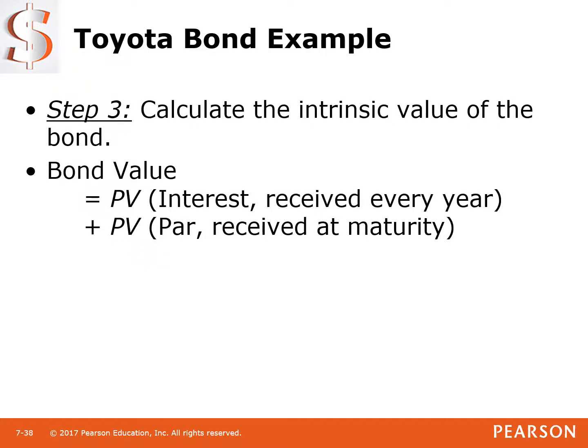Well, calculate the value by taking the present value of those interest payments which will be paid at the end of each year for 5 years, and determine their present value. Going back to present value calculation, that's an ordinary annuity calculation. If you're using your financial calculator, you can do this in one step, but let's do it in two. So N, the number of years for the interest payments, is 5.